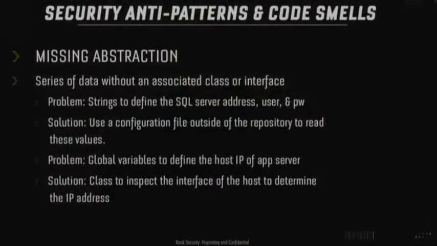Another one, missing abstraction. So, if you have, say, hard-coded user account information or network information as an inheritable file, instead of having that in an object or a configuration method, this can break your deployment.